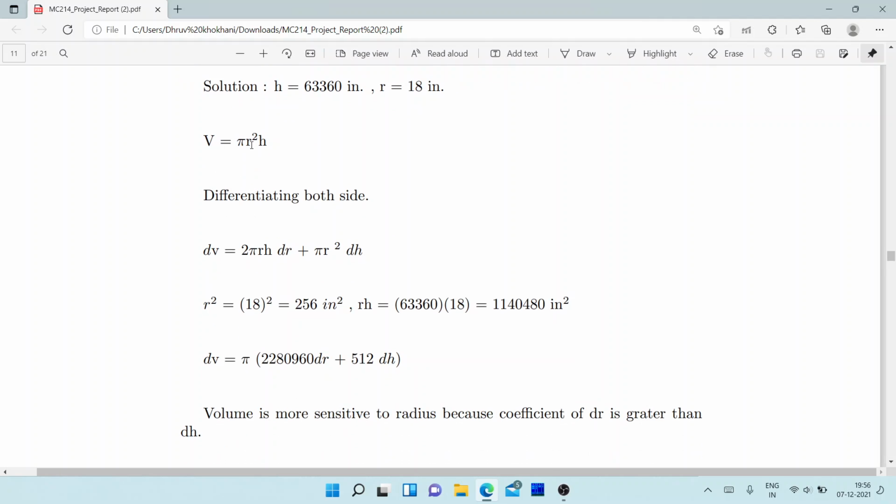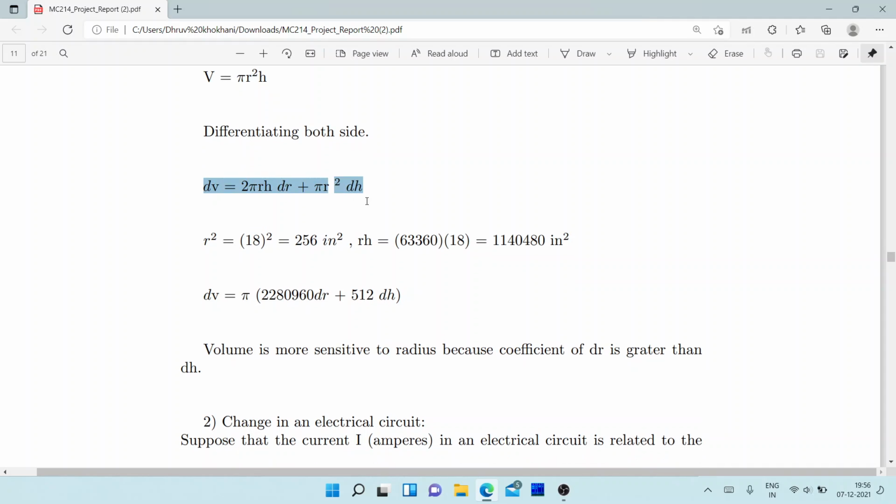We differentiate both sides and we get this equation. After putting in all the values of r and h, we get this equation. Here we can clearly see that the coefficient of dr is higher than that of dh. So a small change in radius leads to a high change in volume. So the volume of the pipe is more sensitive to change in radius.